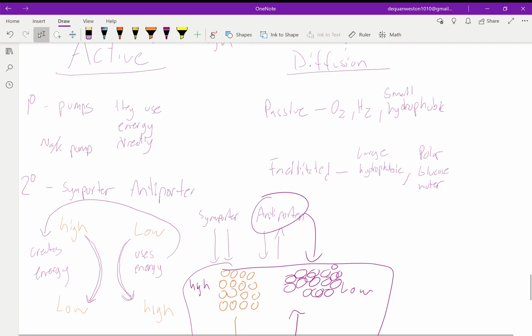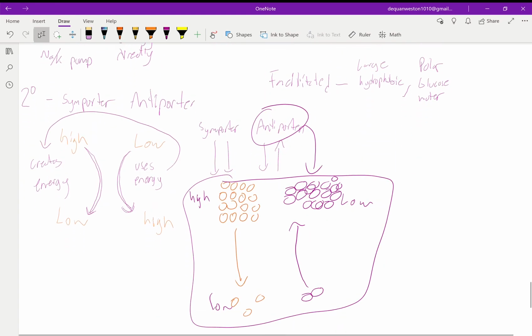We then went on to active transport, where we talked about primary and secondary, what the difference is, and symporters, antiporters, and how they take advantage of an existing concentration gradient to move another molecule against its concentration gradient.